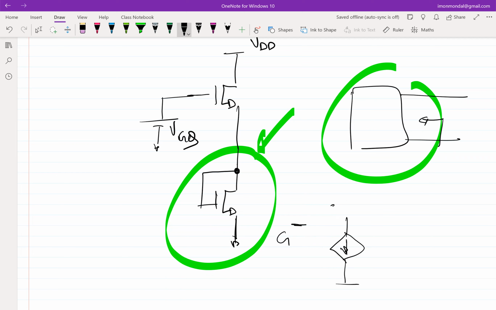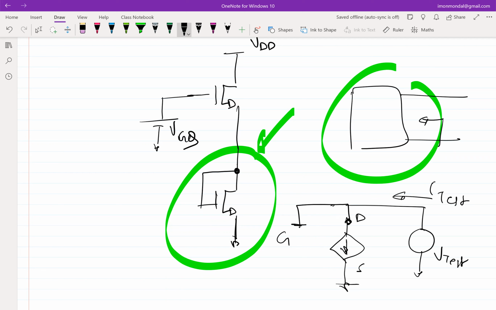The gate was here, drain, source, gate and drain are connected. V test. I have to figure out what is I test. What is this current? What is this expression? This is GM times the gate voltage VG.